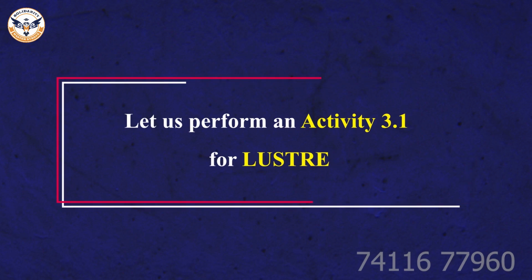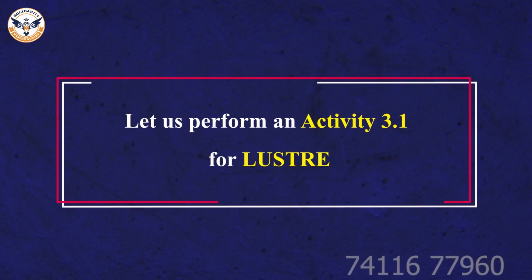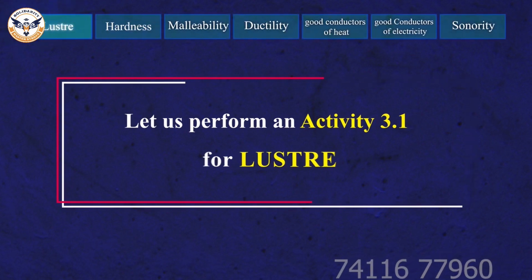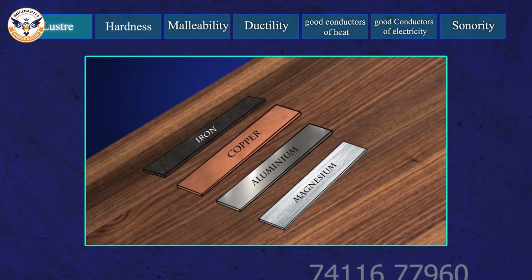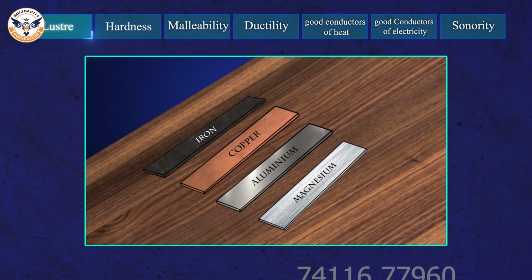Let us perform an activity 3.1 for luster. Take samples of iron, copper, aluminium, and magnesium. Note the appearance of each sample. Do they have a shining surface? They have less shiny surface.